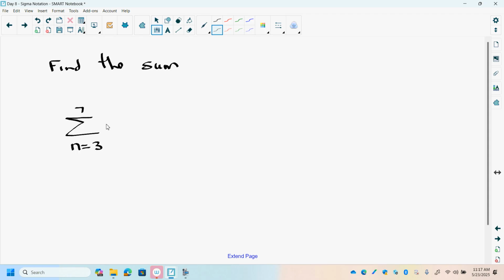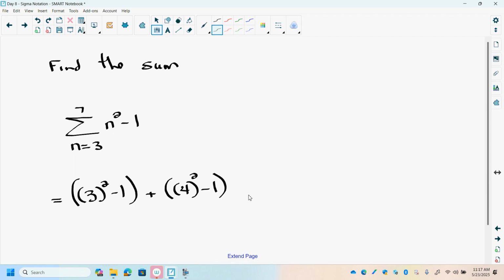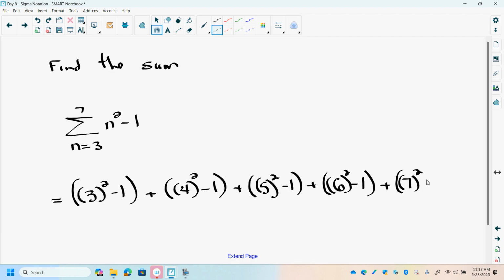Suppose my general term is n squared minus 1. This would mean 3 squared. Start at 3. And stop at what? So I'd go 3 squared minus 1, 4 squared minus 1, 5 squared minus 1, 6 squared minus 1, and then 7 squared minus 1.